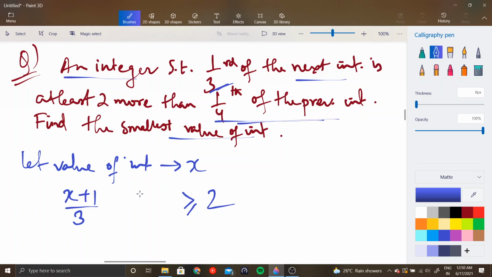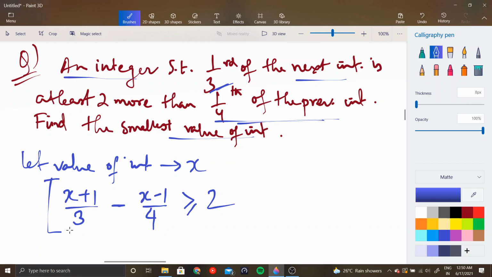So what is 1/4 of the previous integer? This is (x - 1)/4, right? x - 1 is the previous integer, 1/4 of this. x + 1 is the next integer, 1/3 of this. So this thing is at least 2 more than the other. If you have a difference, this difference will either result in 2 or a number greater than or equal to 2. Okay. So you have this equation.